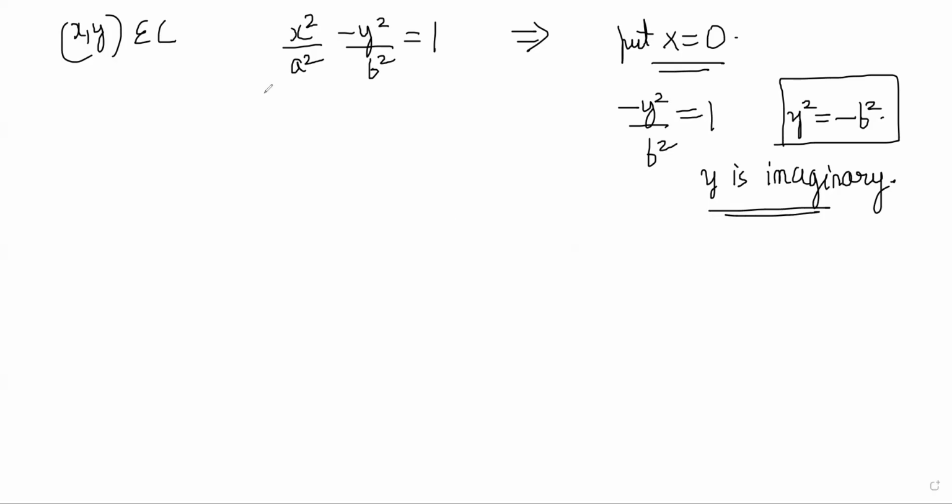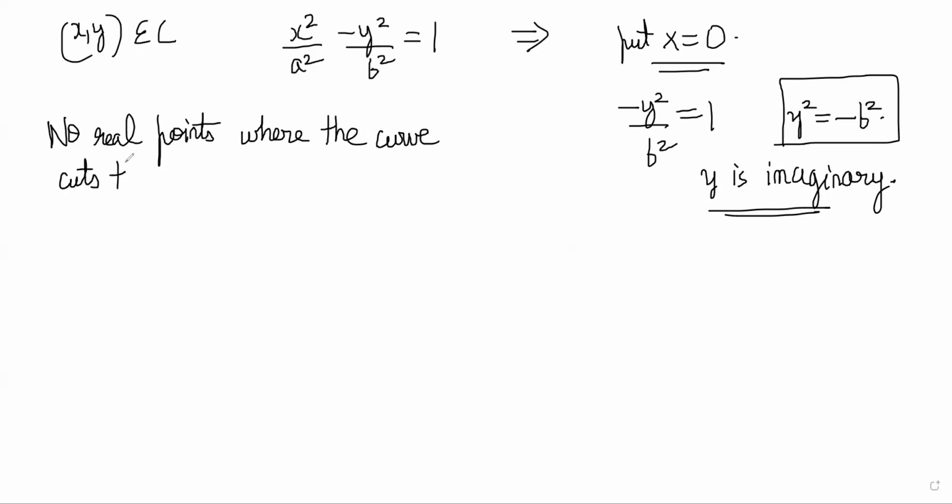So basically, you have no real points where the curve cuts the y-axis. The curve does cut the x-axis at 2 points, as we saw previously, but the curve does not cut the y-axis at any real point.